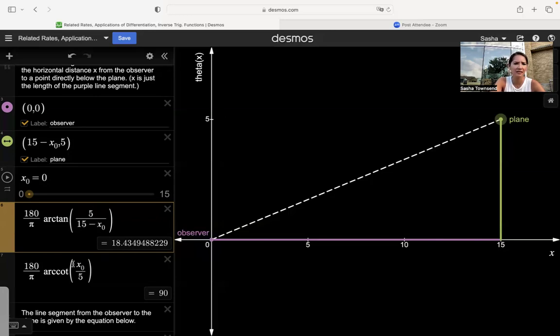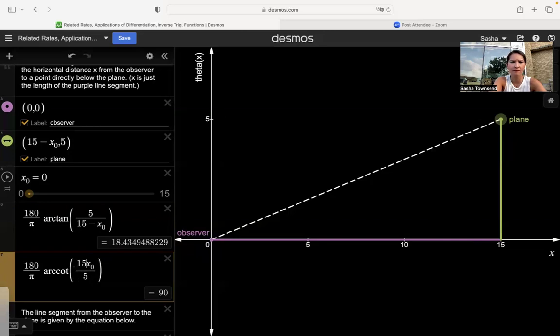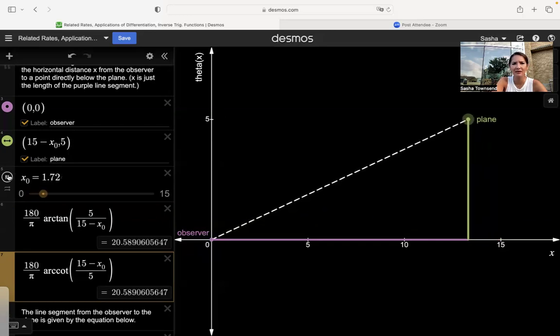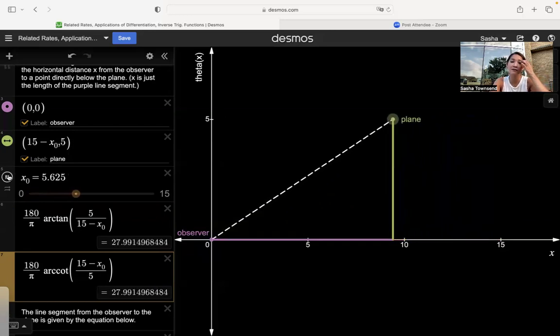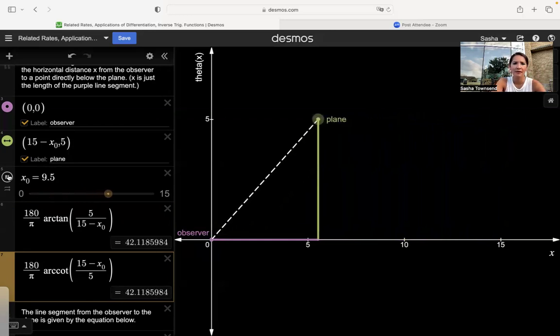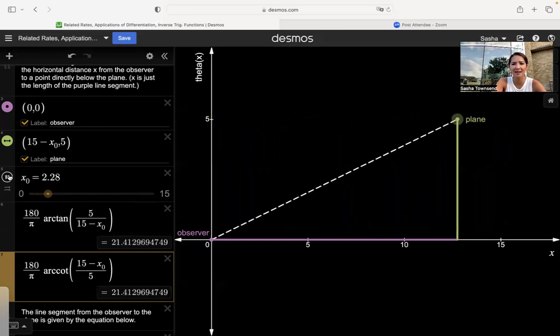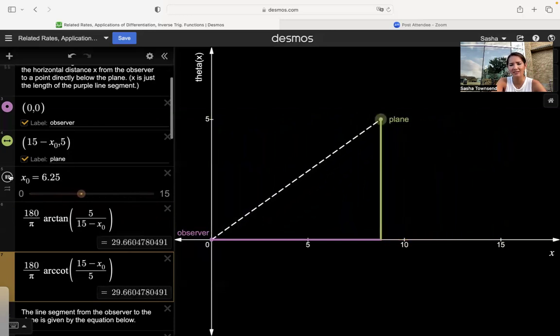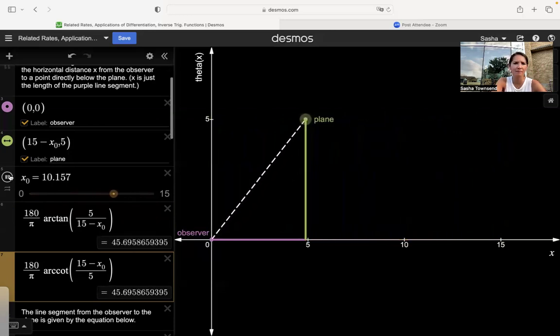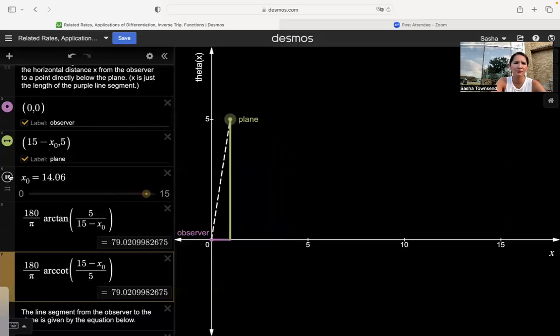So at 18 degrees there, and 18 degrees there. Okay, let's let x increase. As x naught increases, which means x actually decreases, we see that the theta value increases as well. Would it make more sense to write this in terms of time?